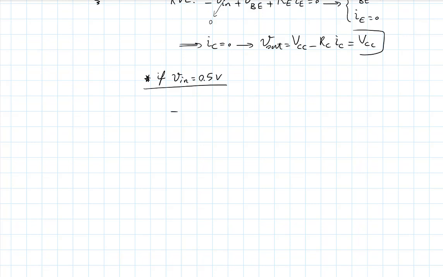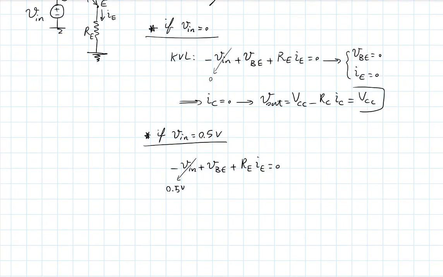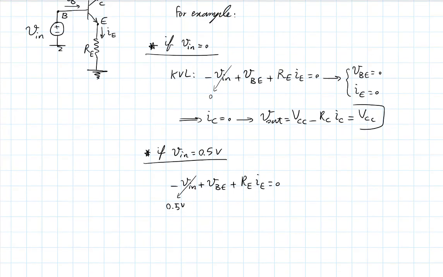So minus V in plus VBE plus REIE equals 0. If V in is 0.5 volts, what is VBE and what is REIE?